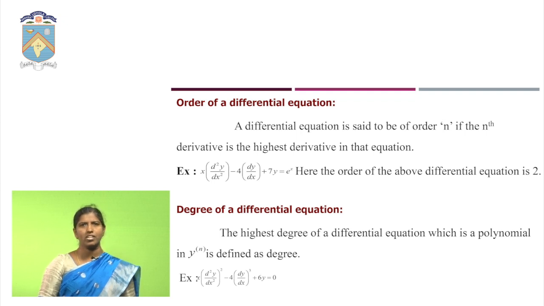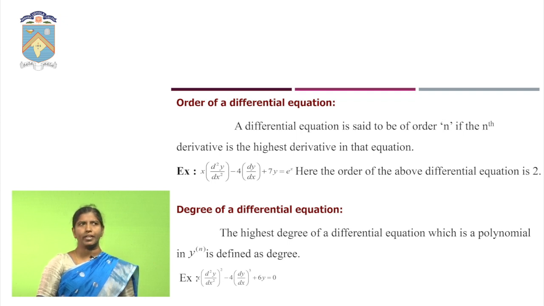This is a differential equation, but what is the order of the differential equation? That means the highest order, that means square, that is called the order. d square, d cube, cube means 3 is called the order. Here in our example, 2 is the order of the differential equation.